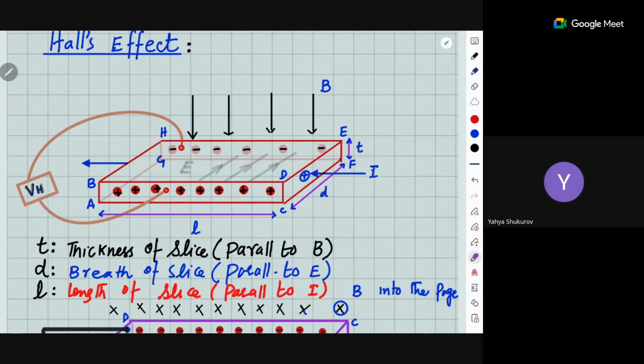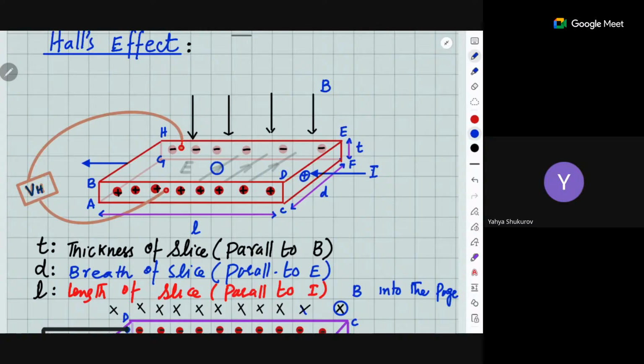This is because when the charge carriers drift in one direction, they give rise to an electric field in the slice, and that electric field exerts a force on the charged particle.